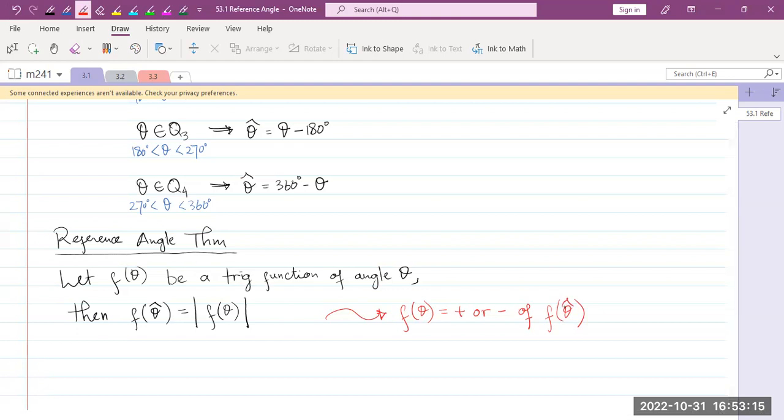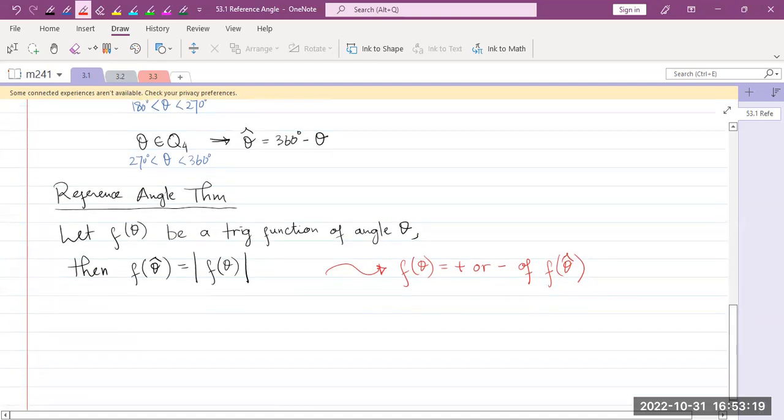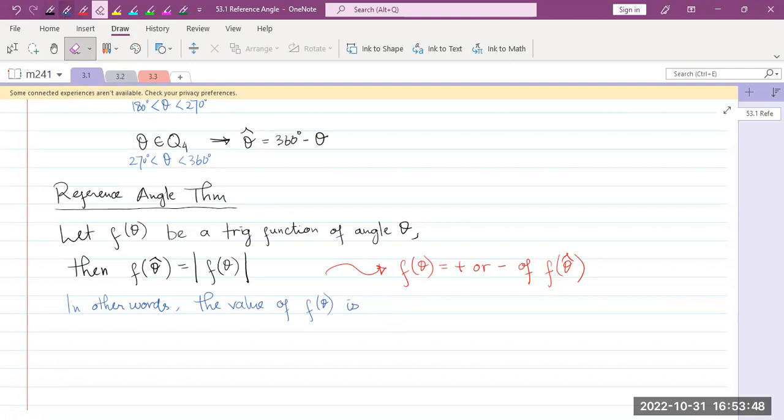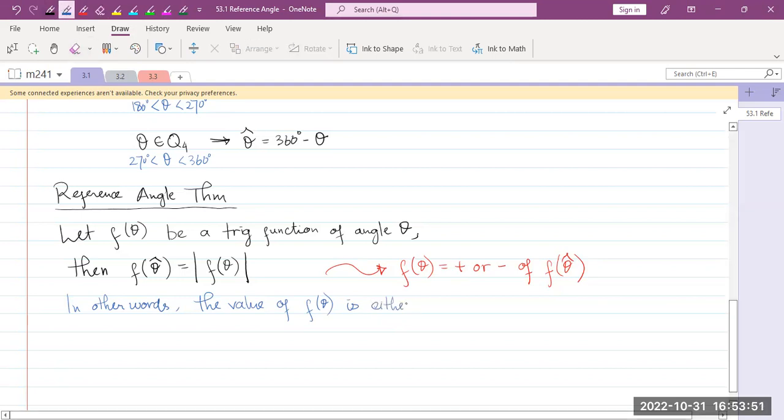Or if I say it another way, in other words, the value of the trig function of angle theta is either equal to or opposite of the trig function of the reference angle.